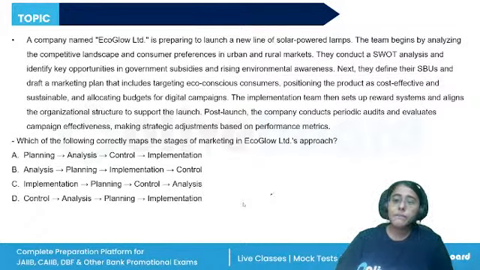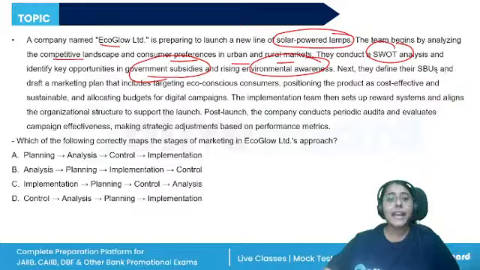They conduct a SWOT analysis, define the key opportunities in government subsidies and rising environmental awareness. They say that because government is providing subsidies and environmental awareness is also increasing, so there will be an increased demand of the solar powered lamp. Next, they define the SBUs.